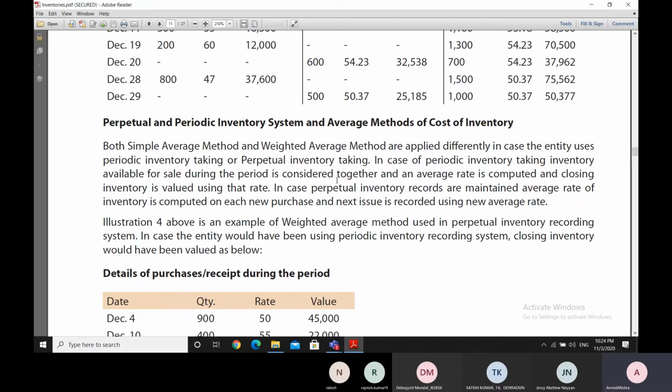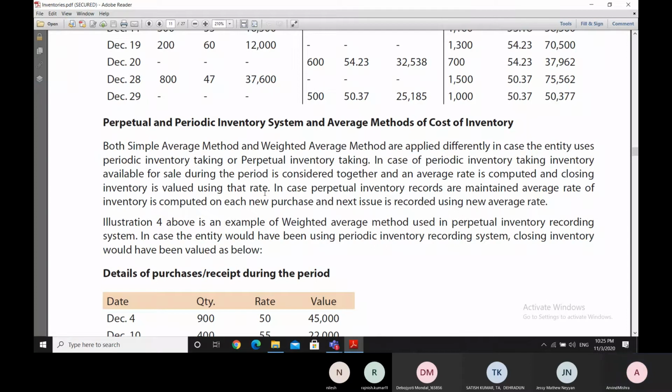So in case of the periodic inventory taking system, inventory available for sale during the period is considered together and an average rate is computed, and closing inventory is valued using that rate.